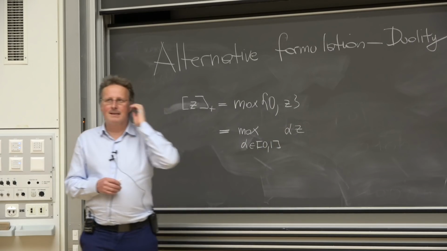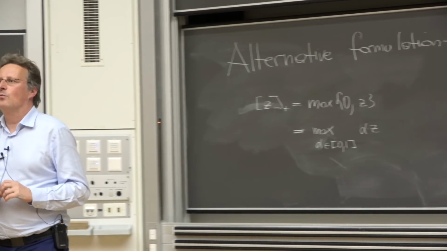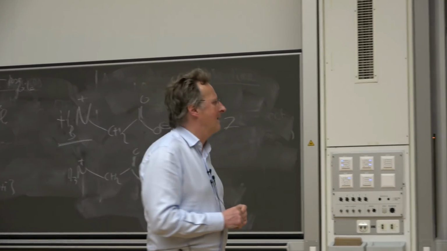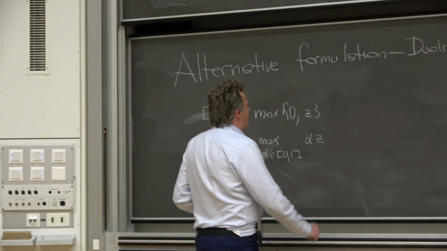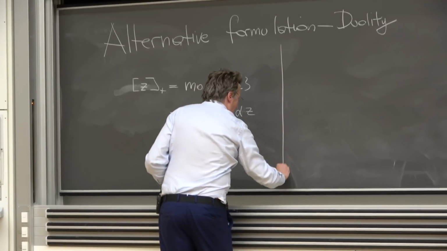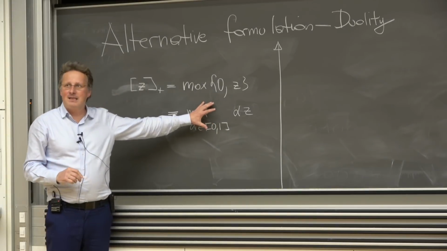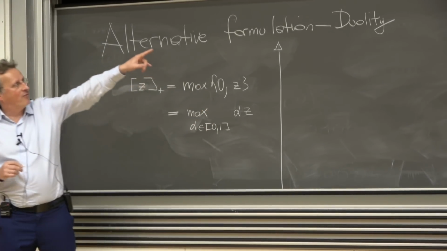Because if z is, let's say, 0.3, then 1 times 0.3 is again 0.3. So that's fairly clear and is quite trivial.